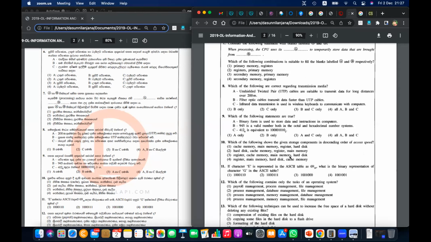Bread slices in the plate, a piece in the mouth, and a small one in the teeth. So register, cache, main memory, hard disk. Question number 10, the answer is number 3.